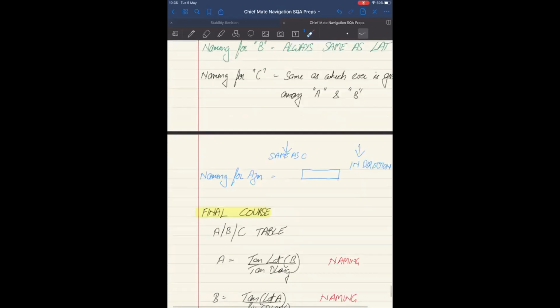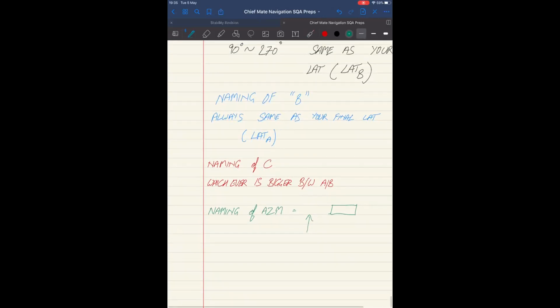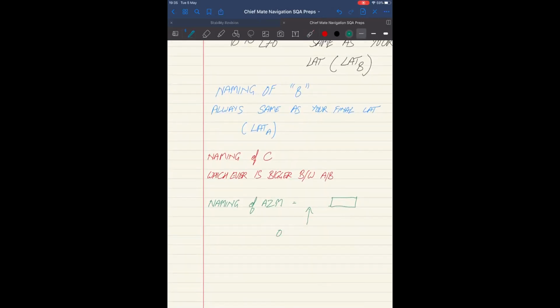So this is opposite of C, and this is the actual direction of movement.